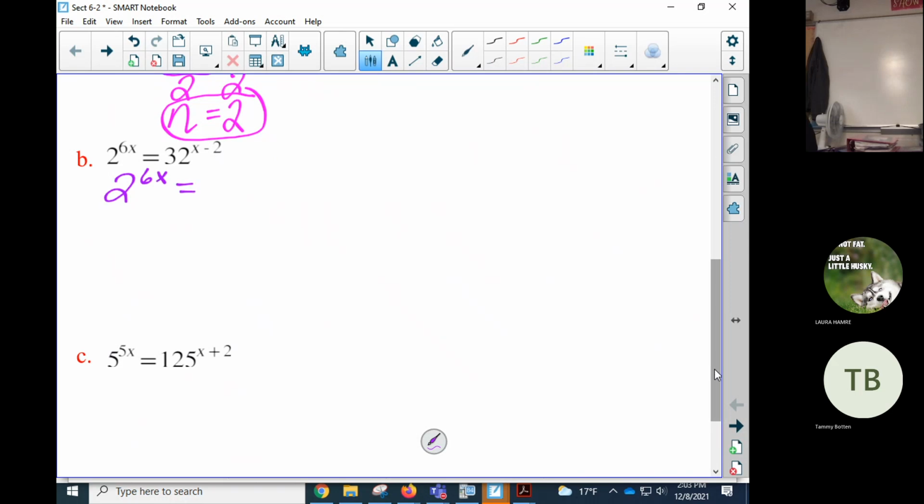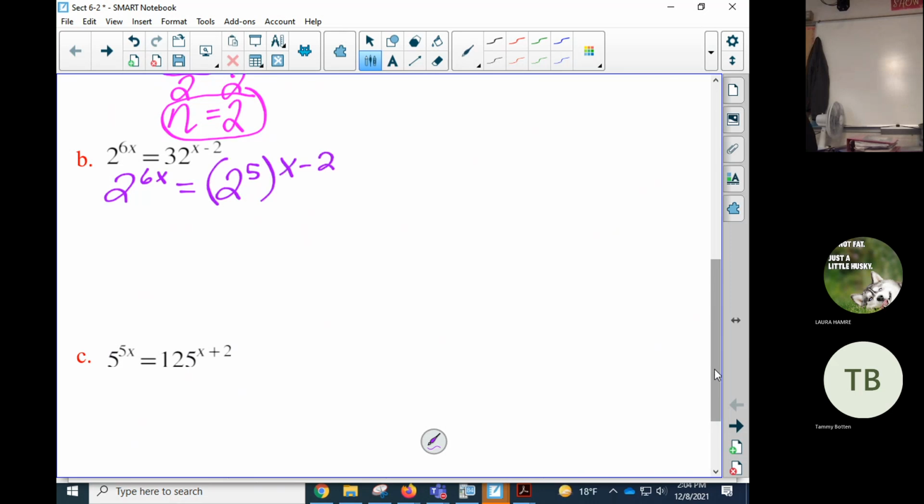And what did we say 32 was? 2 to the 5th. Now, this is the part that's important. When you do this, you have to put this in parentheses and think of that x minus 2 out front, or out of parentheses. You probably should do it this way.